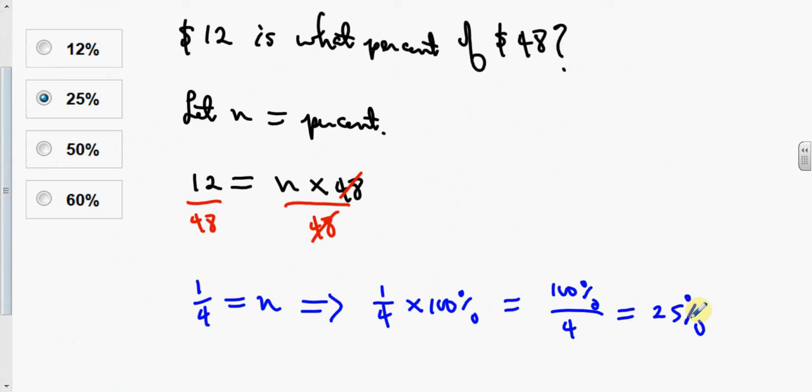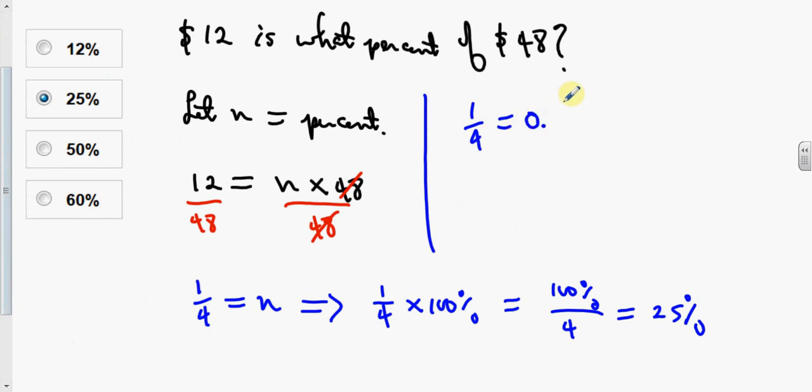So to convert any number or fraction to percent, you just multiply by 100%. Another way of doing that is you could take the 1/4 and you just divide that or simplify it.